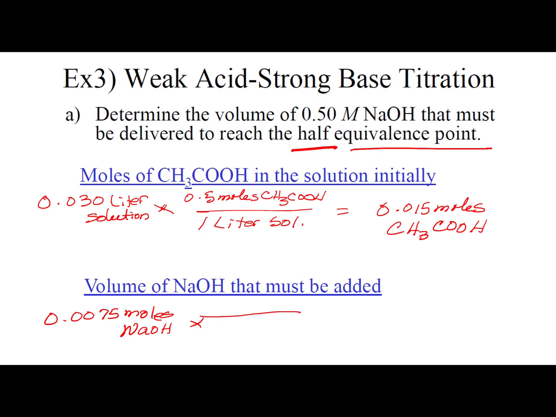We have a 0.5 molar sodium hydroxide solution, but we want to end up with liters at the top, so it's 0.5 moles of sodium hydroxide in 1 liter of solution, so that our moles cancel out. That will tell us we need 0.015 liters of sodium hydroxide.